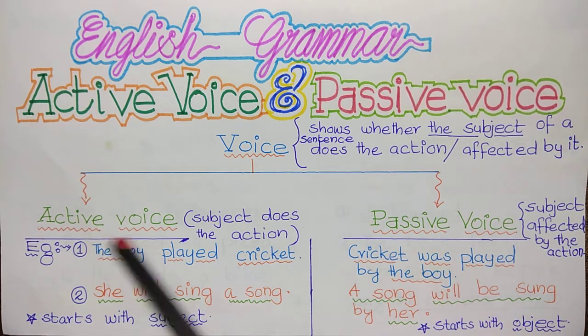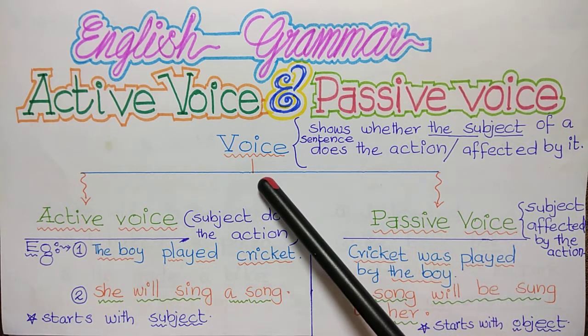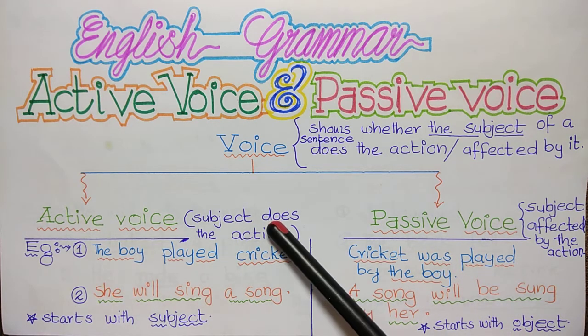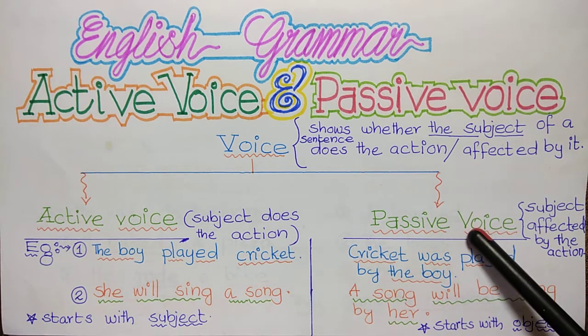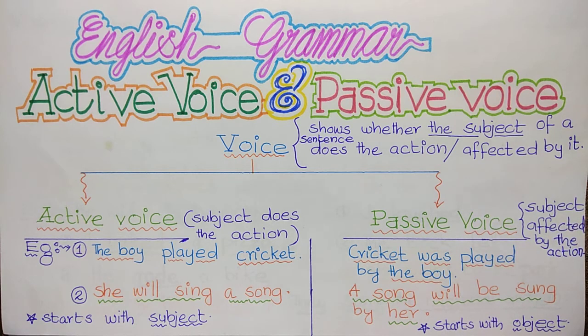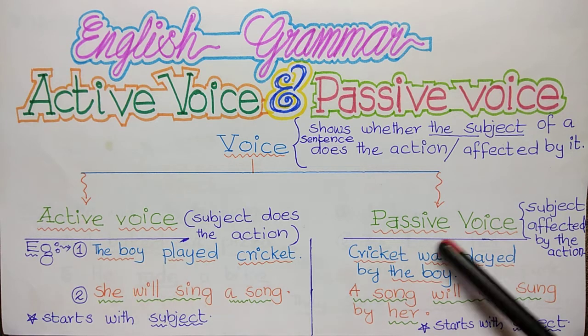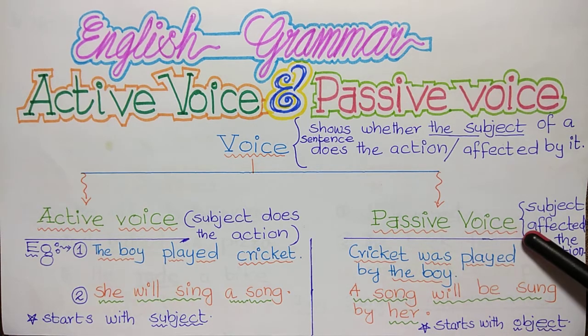Voice is divided into active voice and passive voice. In active voice, the subject does the action, and in passive voice, the subject is affected by the action. That means the subject is passive in one, but here the subject is active. So it is active voice and it is passive voice.